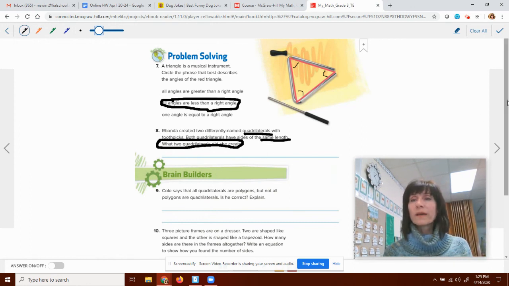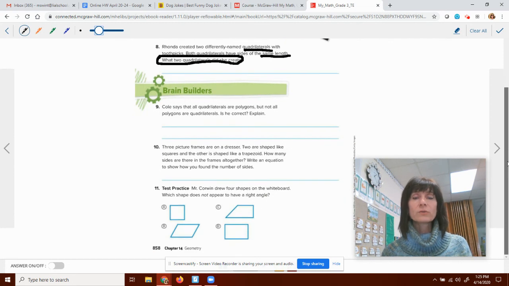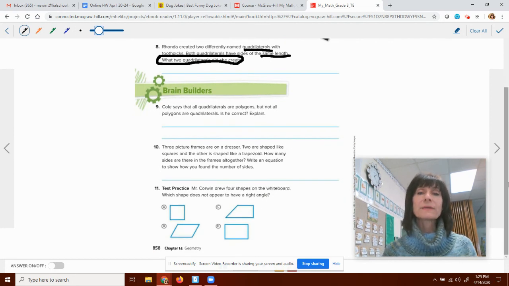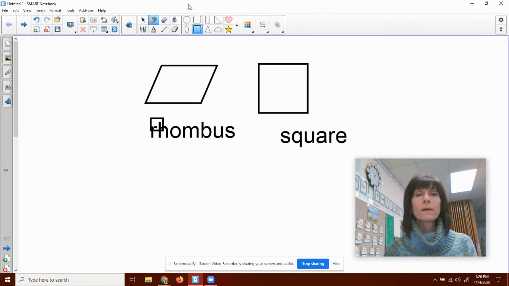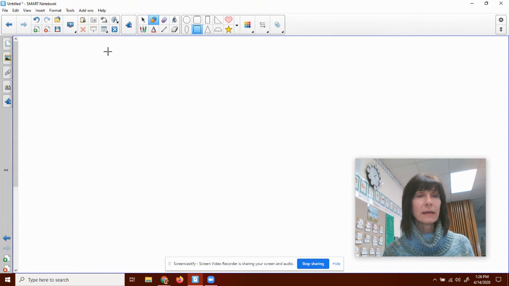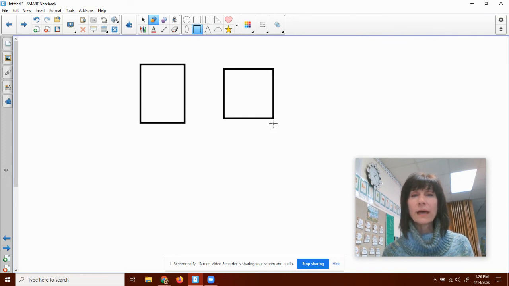Brain builders, we have Cole. Cole says that quadrilaterals are polygons, but not all polygons are quadrilaterals. Is he correct? When we think about the definition of a quadrilateral, we know a quadrilateral is anything with four sides. This could be a quadrilateral. This is a quadrilateral. They're all polygons.